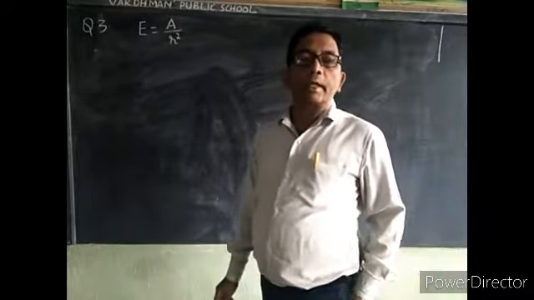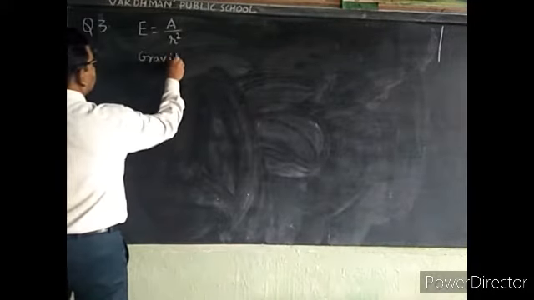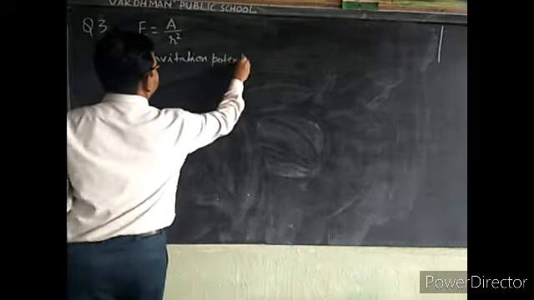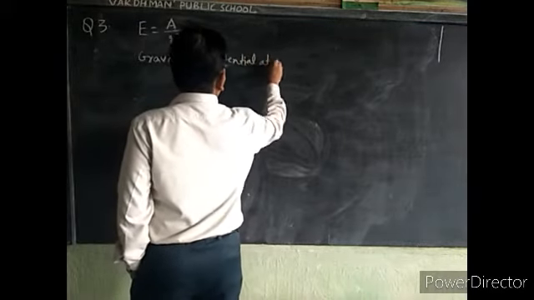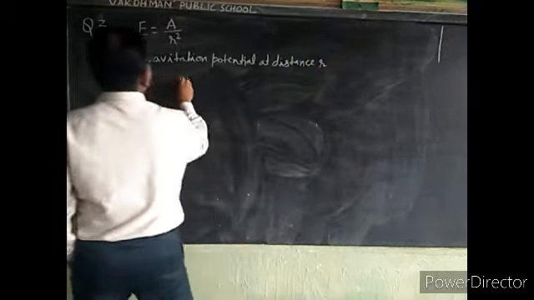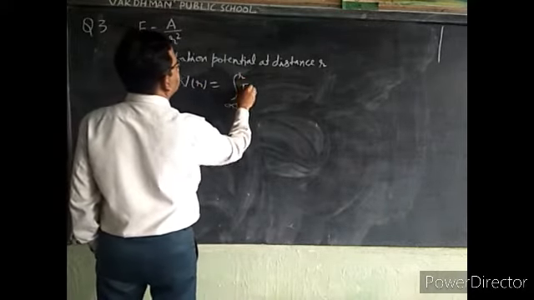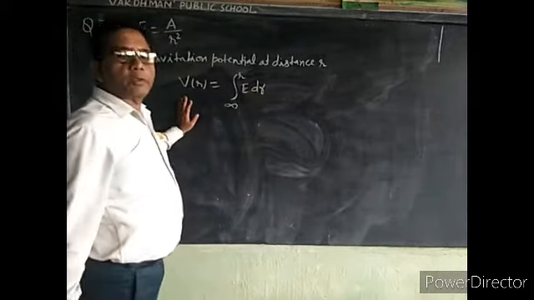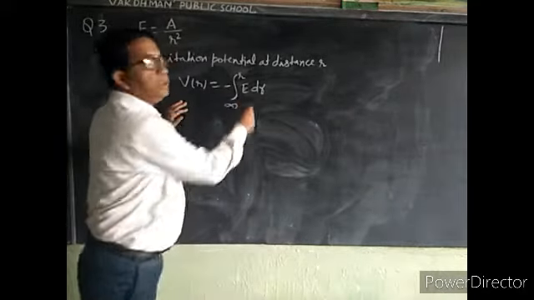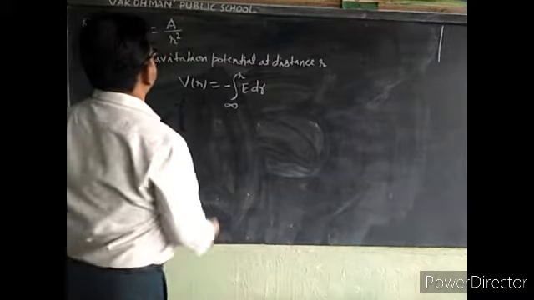Gravitational potential at a distance r, that is Vr, is equal to minus integral from infinity to r of E dr. Here the value of E is given as A upon r square.